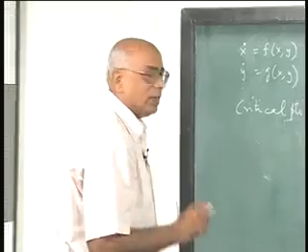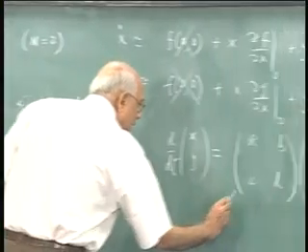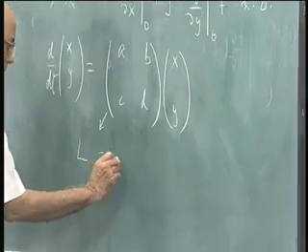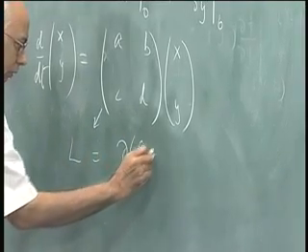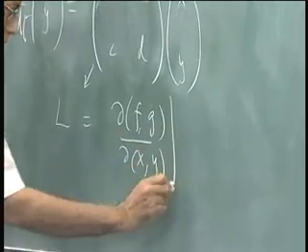And this is our trick, this is going to be our basic trick. So this linear matrix L, this is nothing but the Jacobian of f g over delta x y evaluated at the origin.